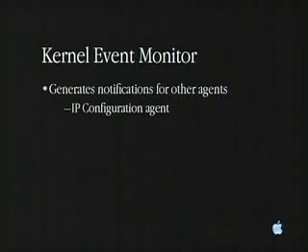And we've encoded that as state:network interface name link, which is a dictionary that contains an active property, which is a Boolean. By updating the dynamic store in such a way, the kernel event monitor provides notifications for other agents, in particular the IP configuration agent, as we'll see in an upcoming slide.